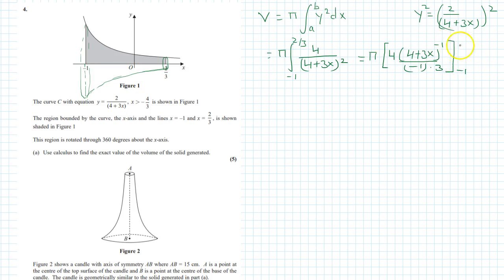This is from minus 1 to 2 over 3. Now that is equal to, this is minus 1, this is 3, this is pi. Let me write minus 4 pi over 3 common, and we have 1 over 4 plus 3x, from minus 1 to 2 over 3.